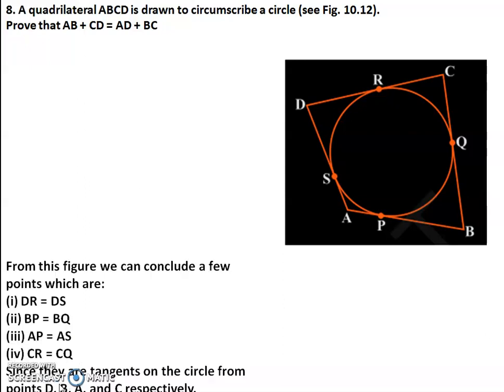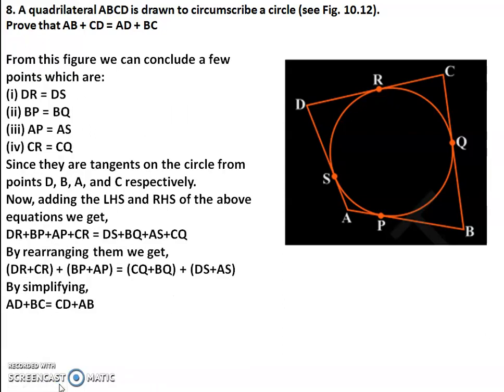Now, from this figure, we can conclude a few points, which are DR is equal to DS, BP equal to BQ, AP equal to AS, CR equal to CQ. Why? We are using theorem 10.2.